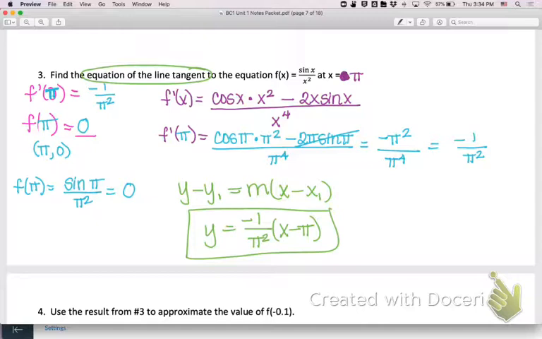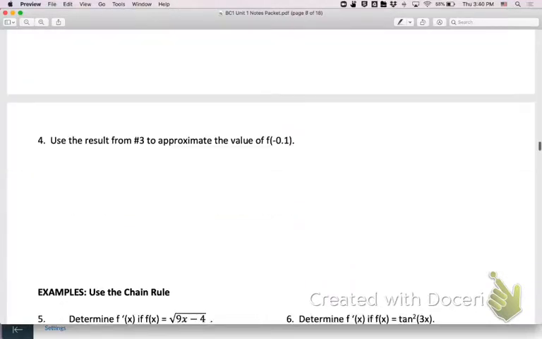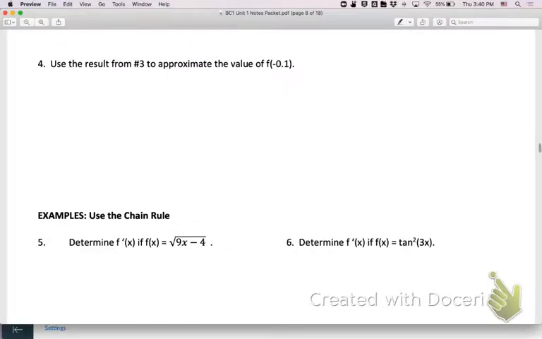Okay, now the last thing before we end this first video is if you look at the next question, and we're going to have to adjust this too since we changed from 0. It says use your result from number 3 to approximate the value of, in this case, f of 3.1.